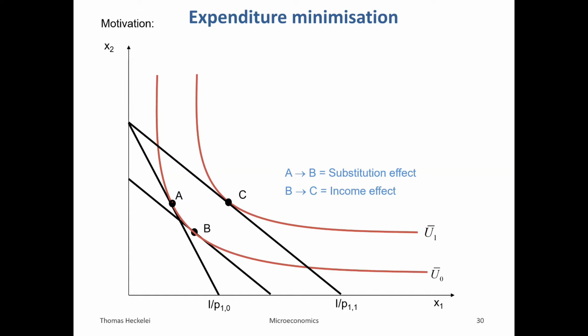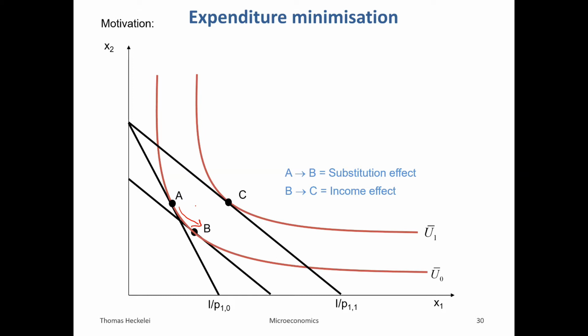If you move along the same indifference curve as before, meaning the individual is kept on the same utility level, that means the movement from A to B. And it only deals with adjusting your consumption basket, the ratio of consumption between X1 and X2, without changing your utility level. So that's the substitution effect.